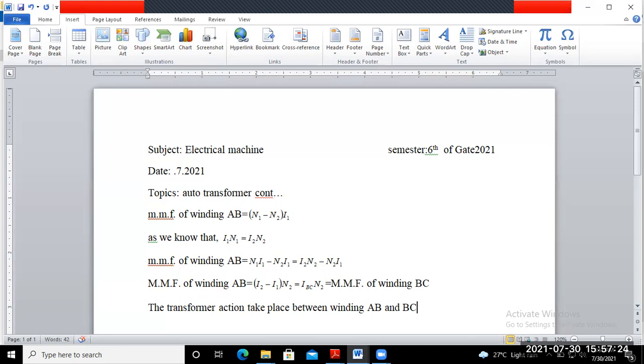So transformed volt ampere is equal to the voltage of AB winding and the current flowing through the winding AB.